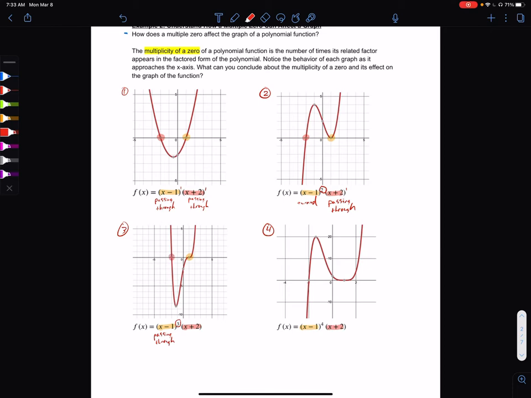We still have that multiplicity of 1. So you can see there that even though x minus 1's multiplicity is changing, the behavior of the x plus 2 zero is not changing. So x plus 2 is still passing through.